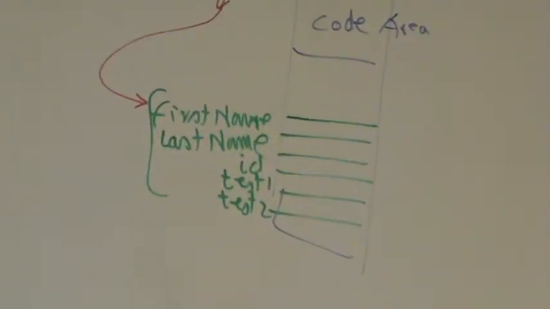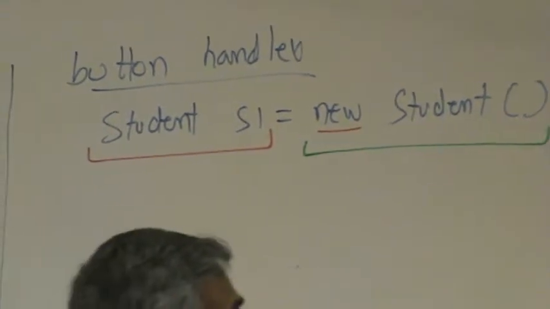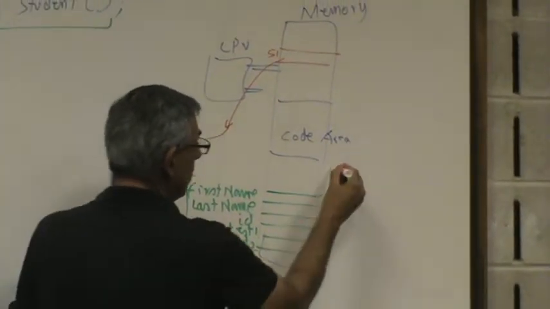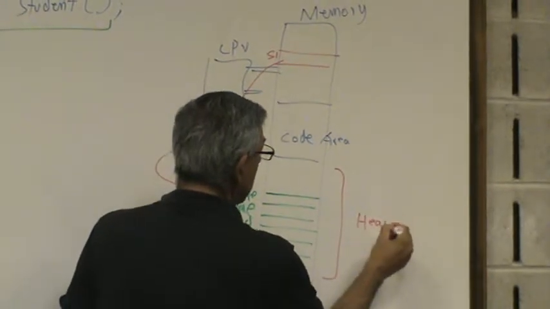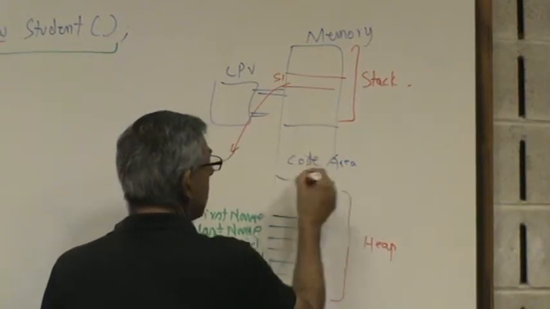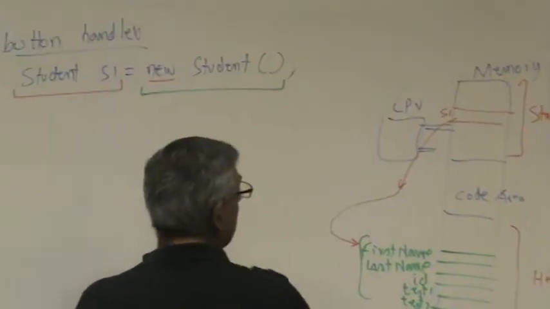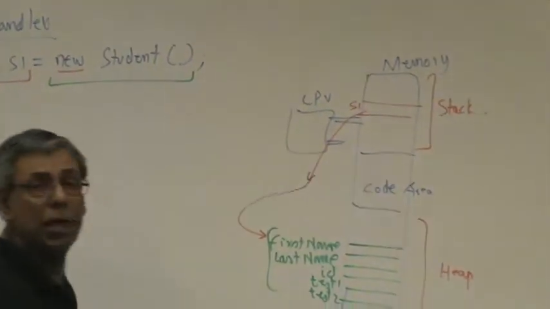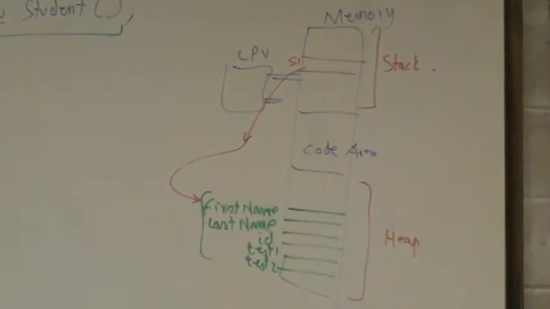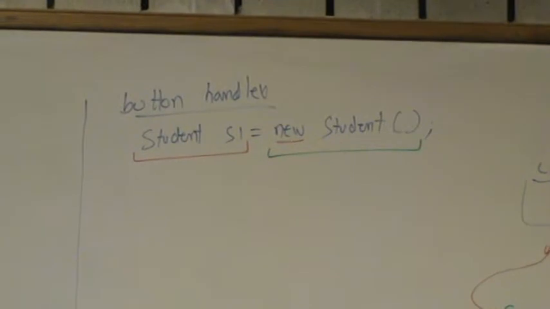As soon as this line executes, this is what will be created in the computer. These will come from the heap area. This will come from the stack area. And the code for the class and the code for the button handler will be sitting over here in the code area, right? Now what if we wanted to store some data?